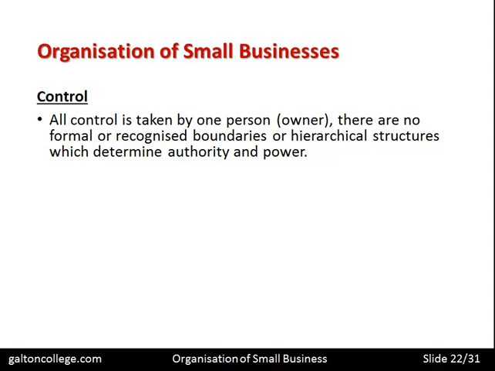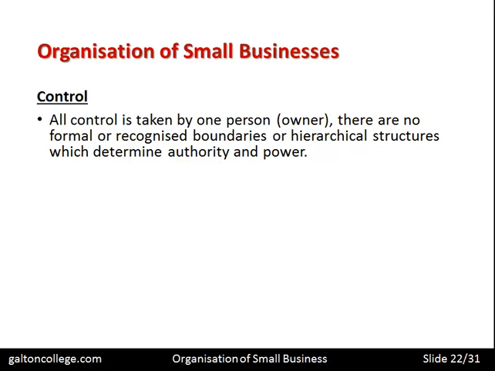Control. Well, all control is taken by one person, the owner. There are no formal or recognized boundaries or hierarchical structures which determine authority and power. In large organizations, there is a hierarchy and there are boundaries. Different departments have their own boundaries.